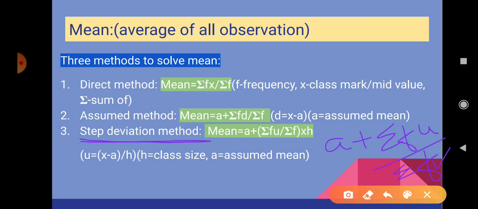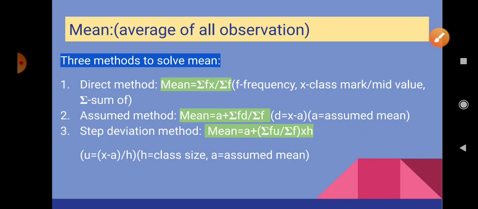In the first case it is sigma fx, in the second case sigma fd along with the addition of a, and in the third case a plus sigma fu by sigma f into h. Here we also have to take one h value.